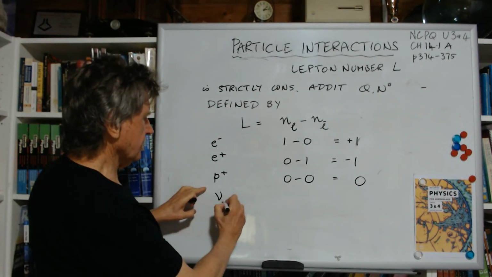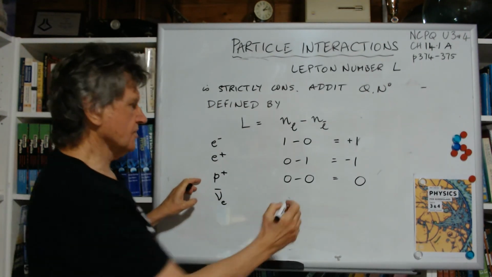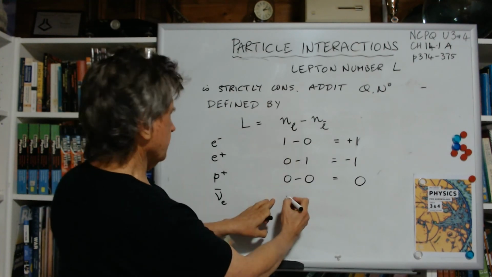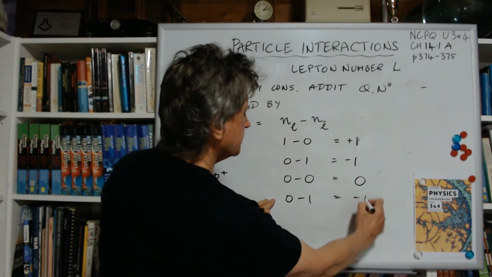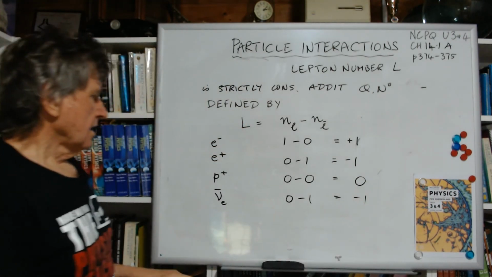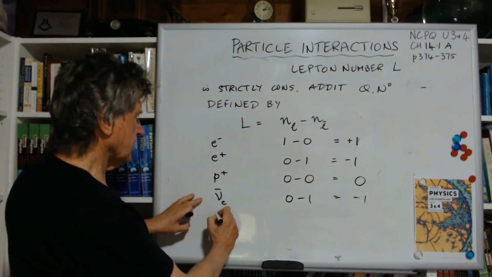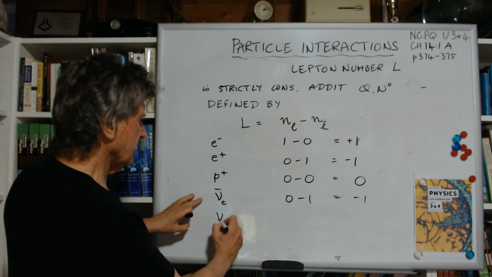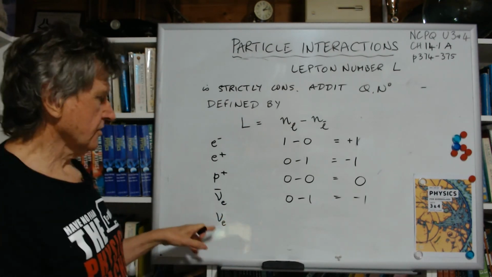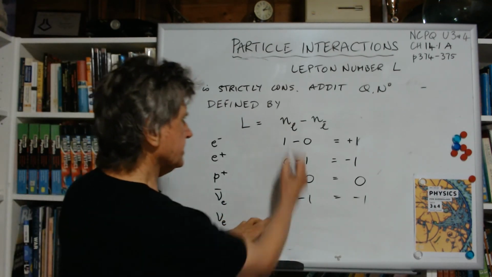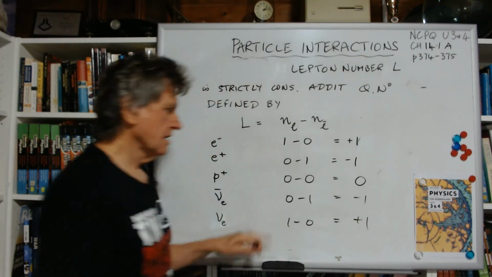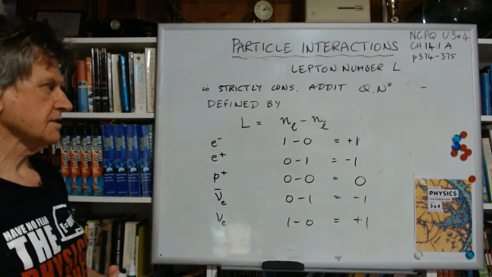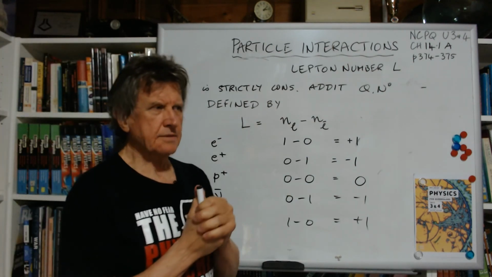An anti-neutrino, number of leptons is 0, number of anti-leptons is 1, so it's -1. And maybe I should do an electron neutrino. It's 1 minus 0, it's +1. Okay, so that's about all there is to that.